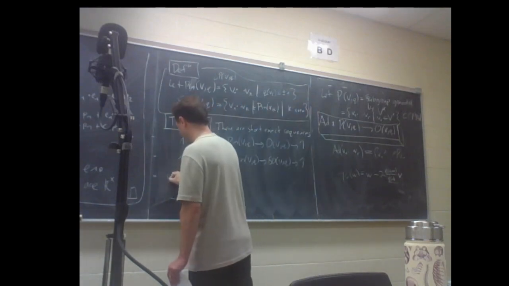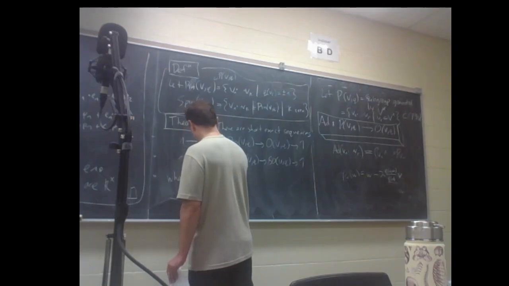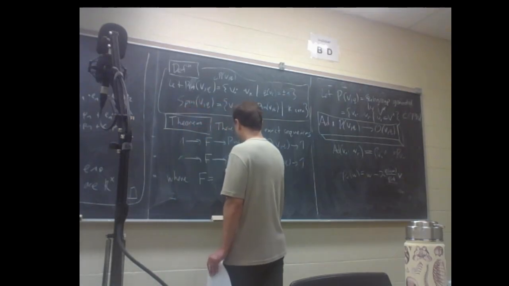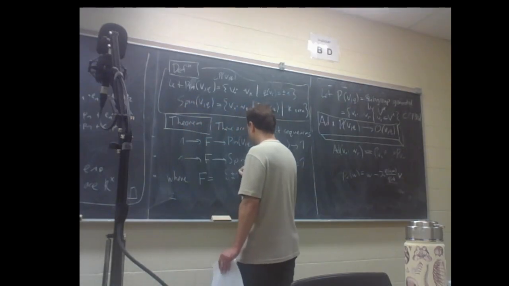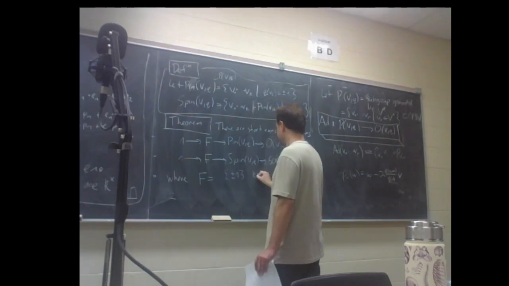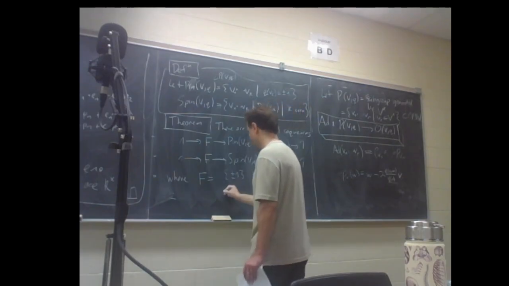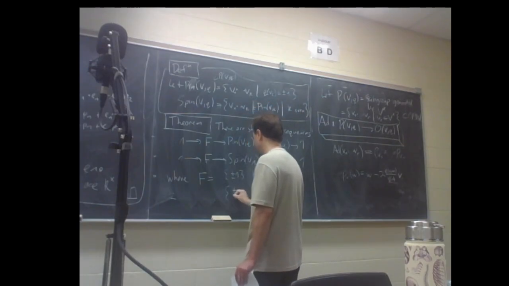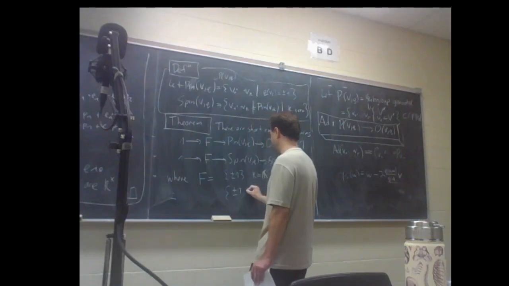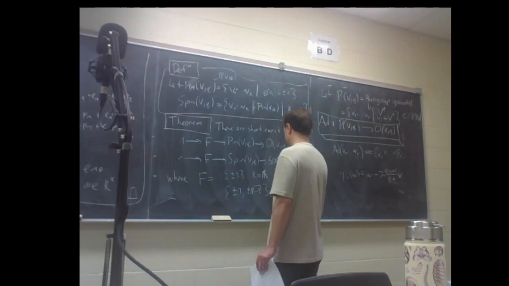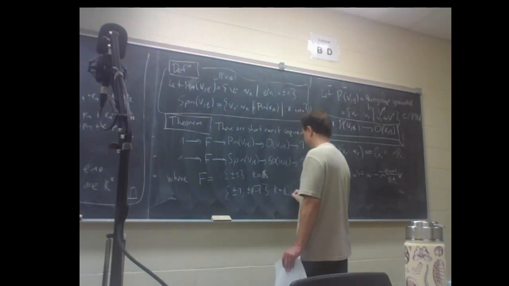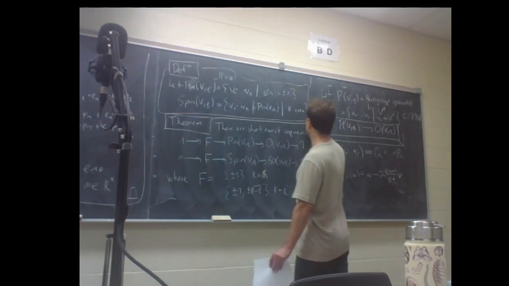So what's F? What's the kernel of this map? In the real case, it's plus or minus 1. And in the complex case, it's the fourth roots of unity. Okay.